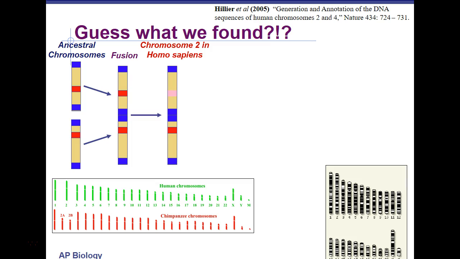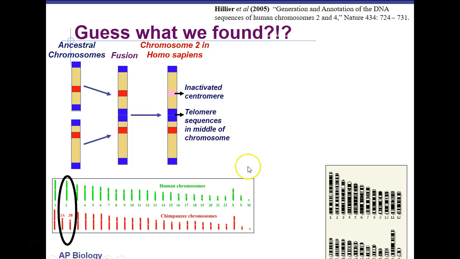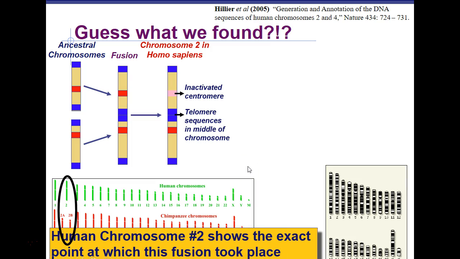So, we could even take it a step further, and these scientists did. Which 2 chromosomes became fused together? Well, we went looking in the chimpanzee genome at chimpanzee chromosomes, and they found 2 there that if you put them together end to end, would basically make a chromosome the same size as human chromosome number 2.